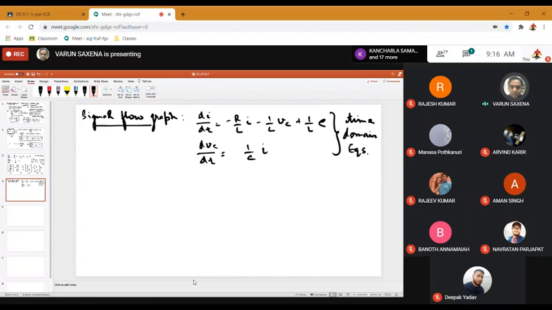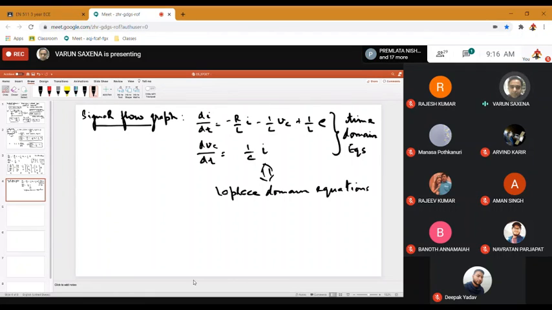When we talk of signal flow graphs, we first of all have to transform these equations into Laplace domain equations. That's the first thing that we need to do.